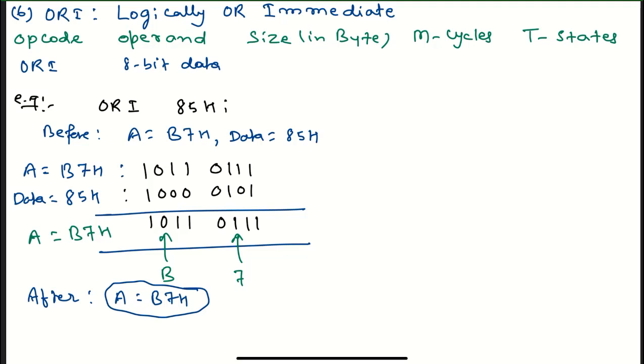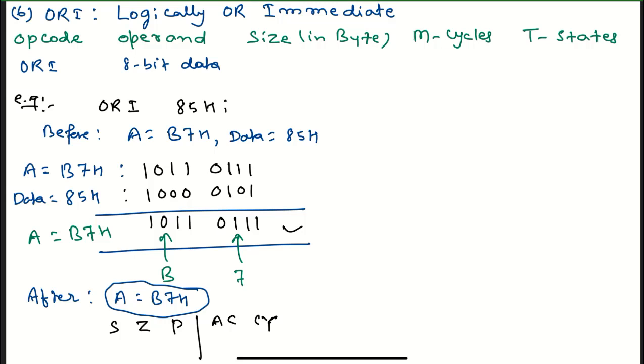And as I explained for ORA, the impact of this operation over the flag registers will be in a similar fashion. Sign, zero and parity will change as per the result obtained, and auxiliary carry and carry will always be reset, irrespective of the result.